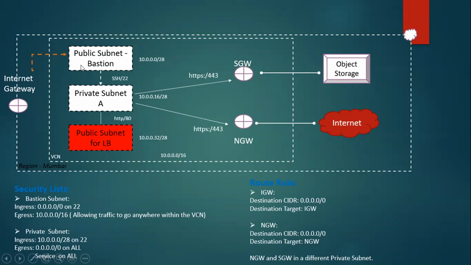That is why I was able to communicate with the compute that I configured in the private subnet. Similarly, I was able to SSH into the private subnet, and from the private subnet communicate with a website. That is because of the NAT gateway configuration we have done, along with the security list and routing rules.